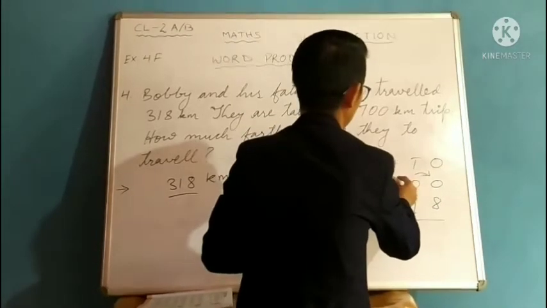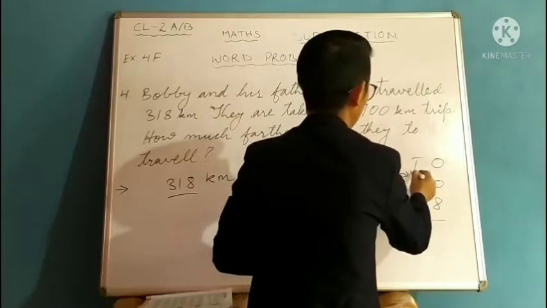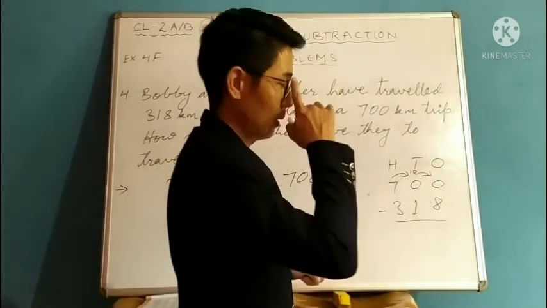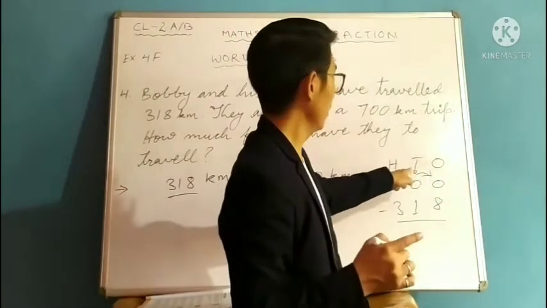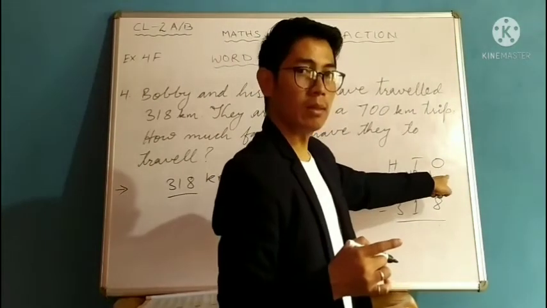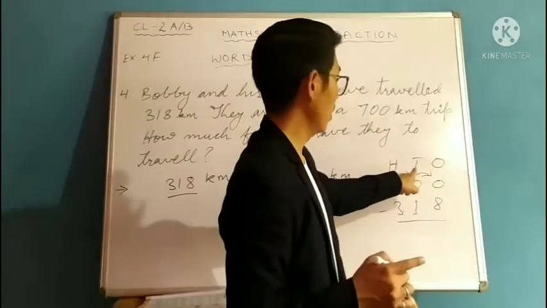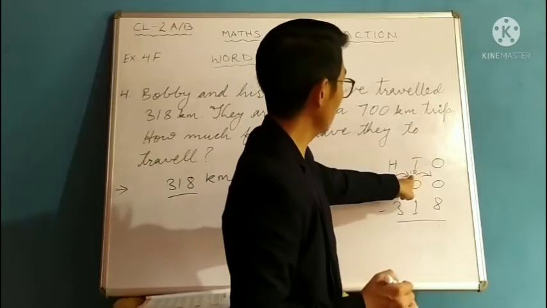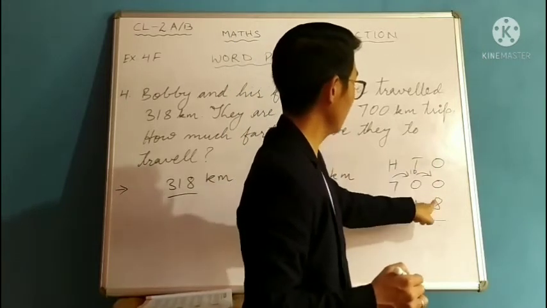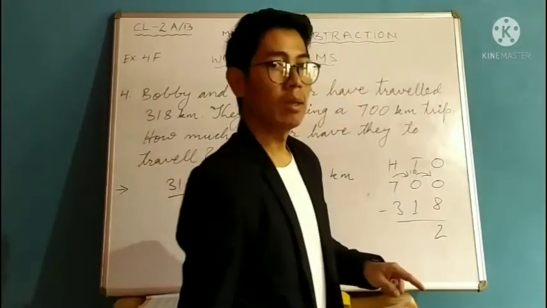So first borrow here, and it will be 10, and now from 10 you can give one to the tens place. If you borrow, it will be 10. 10 minus 8 is 2.